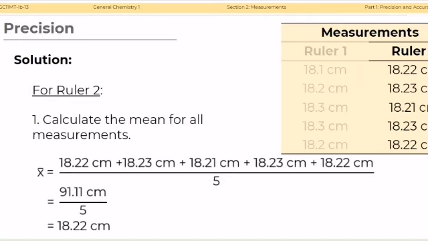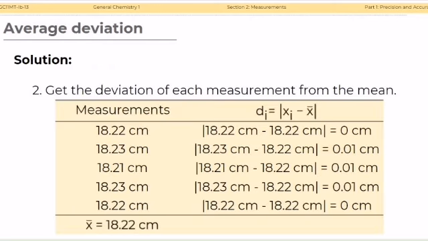You have 91.11 centimeters over 5, and you get 18.22 centimeters. The next step is to get the deviation of each measurement from the mean, which is 18.22 centimeters. The solutions are shown on the second column.